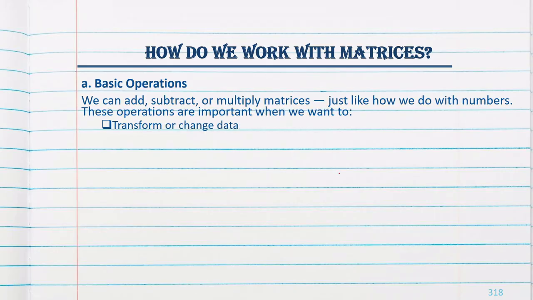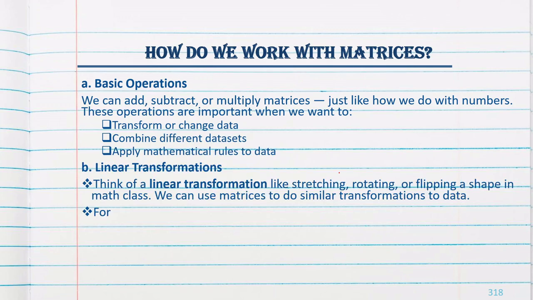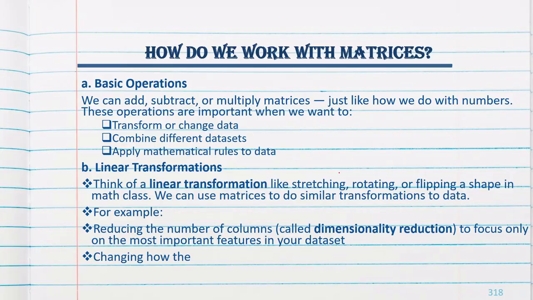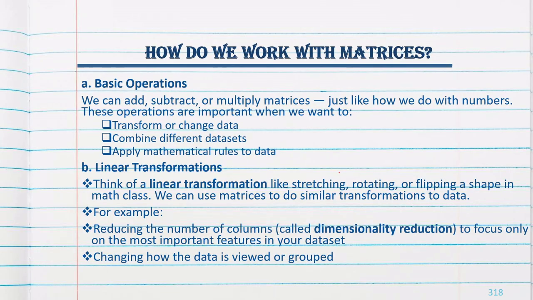You already studied these things, basic operations on matrices: addition, subtraction, multiplication, then linear transformation, that is stretching, rotating, flipping, etc. Reducing the columns is known as dimensionality reduction. It focuses on the most important features in your data set.